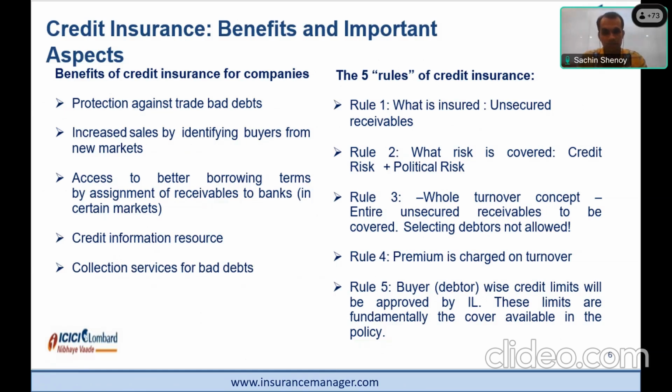The next benefit is borrowing limits, or access to better borrowing in the markets. While it is well developed in international markets, credit insurance is an important tool. It acts as a collateral while taking working capital facilities or trade finance lines, and slowly and steadily it is picking up in Indian markets also.